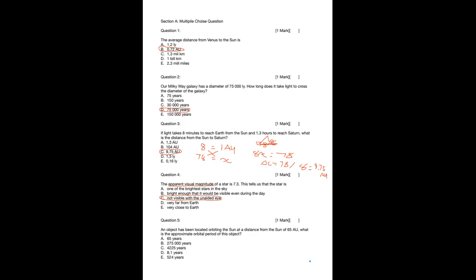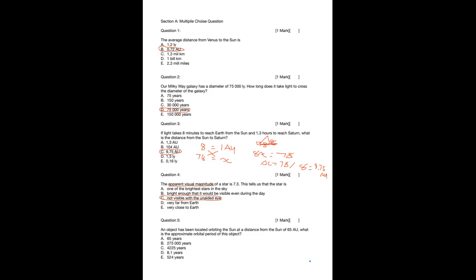Bright enough that it would be visible even during the day? No, that's not true. Very far from Earth, you can't tell how far away it is from the apparent visual magnitude. Very close to Earth, you can't tell that with the apparent visual magnitude either. So yes, not visible with the unaided eye, because the human eye can only see up to magnitude 6.